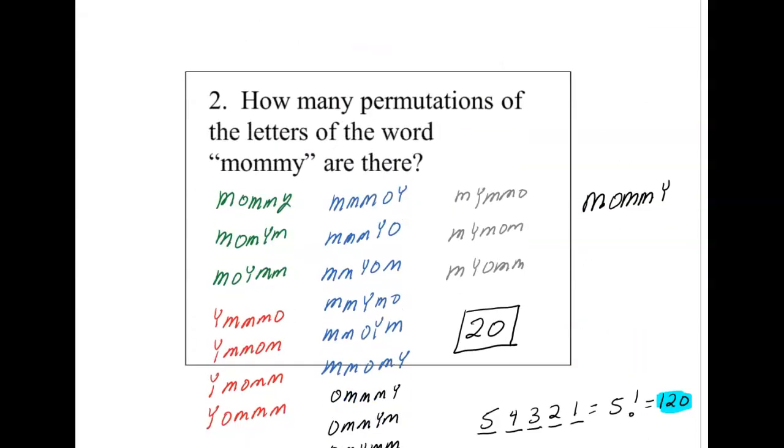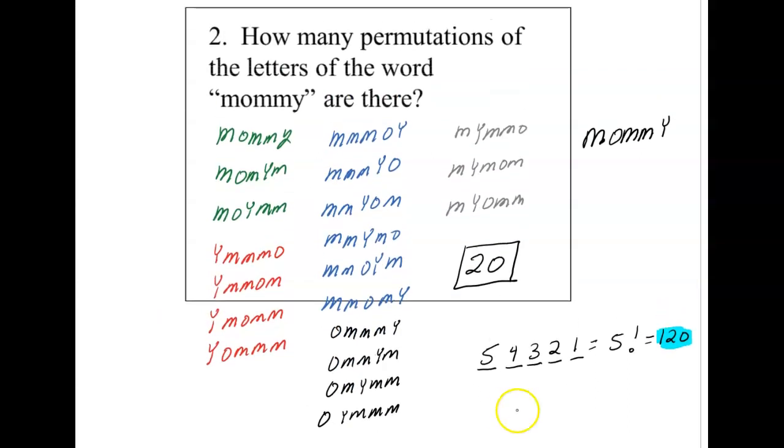Then in mommy, you might have said, oh, 120, and you might think divide by 3. But if you divide by 3, you do not get 20. But if you divide it by 3 factorial, which is 6, so 120 over 6 is indeed 20. So why do you have to divide by 3 factorial?